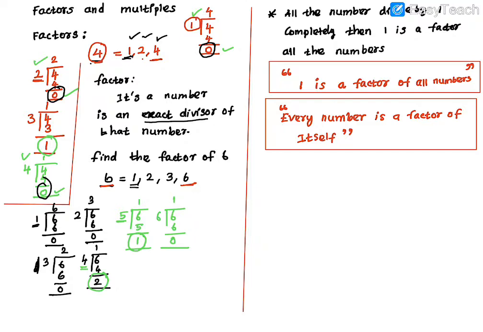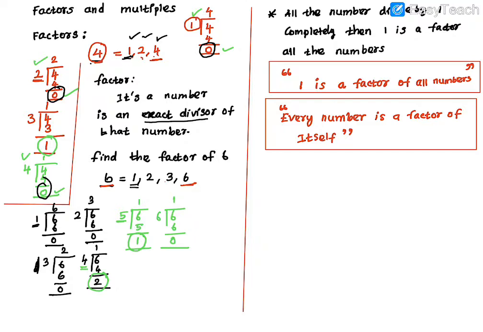Okay, then next thing is, you have to notice that, when you are told to find the factor of any number, for example 4, 6, 8, 12, 18, any number, you will find certain numbers. See, 1, 2, 4. If I am asked to find the factors of 4, it means 1, 2, 4. If I am asked to find the factors of 6, 1, 2, 3, 6.